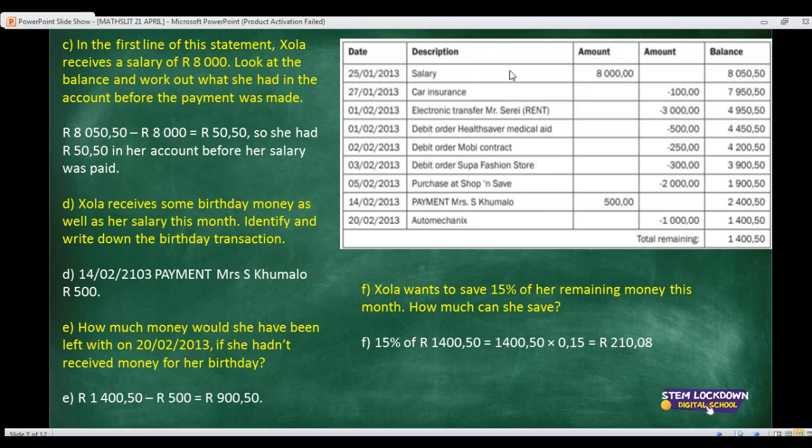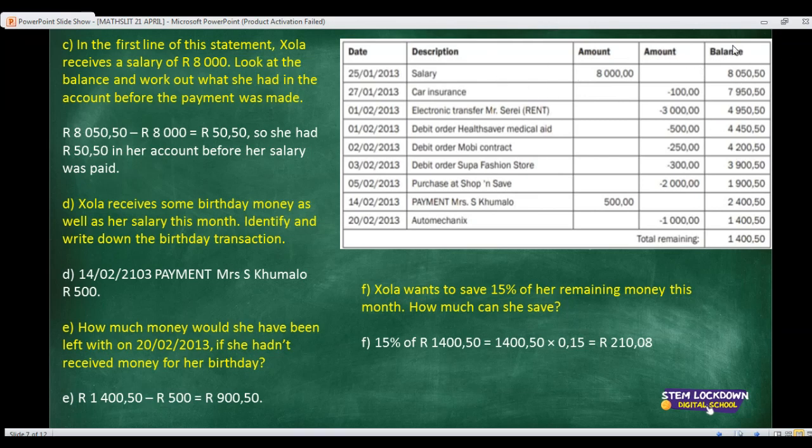So on the 25th, he received 8,000 rands, but in his balance, he has 8,050 rands, 50 cents. What does this mean? It means before he received the 8,000 rands, he already had 50 rands, 50 cents in his account. So before the 25th, he only had 50 rands, 50 cents in his account.